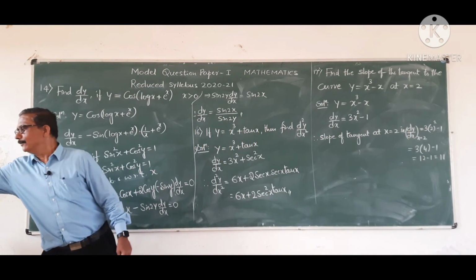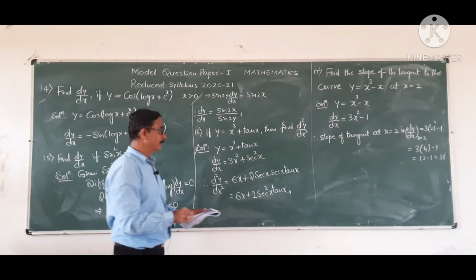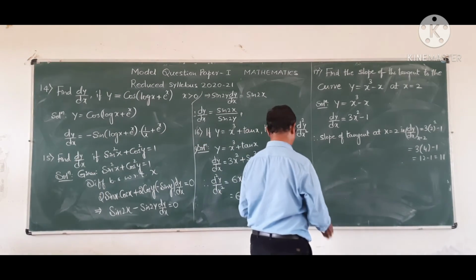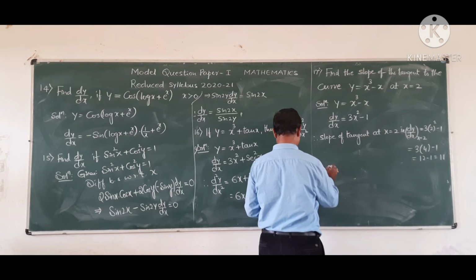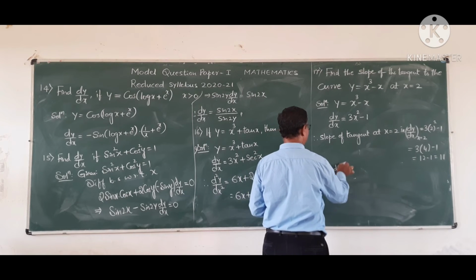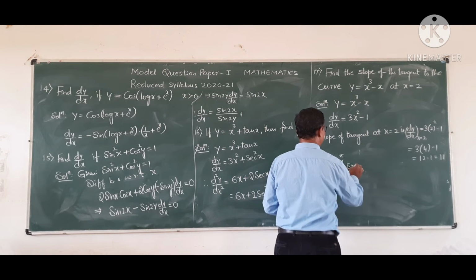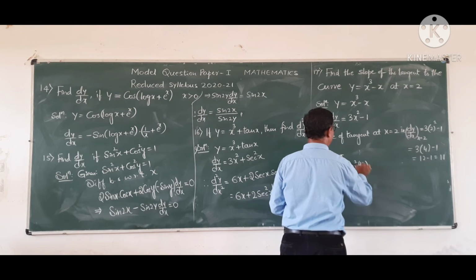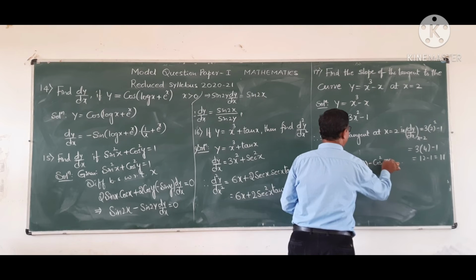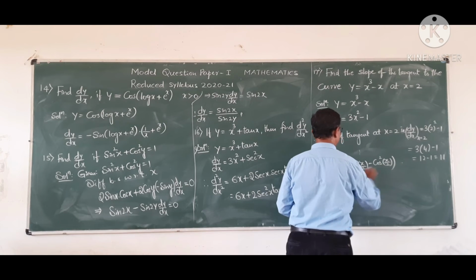Now problem number 18. Find the integral from 0 to pi of sin square x by 2 minus cos square x by 2.